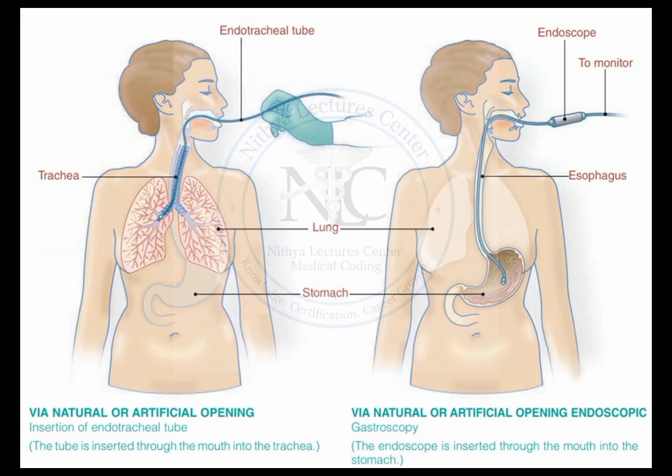And the sixth one, the number 8, is via natural or artificial opening endoscopic. Same as above, but they use a camera to see inside the opening. So this is all about the approach, how the surgeon reaches the specific body part for surgery.